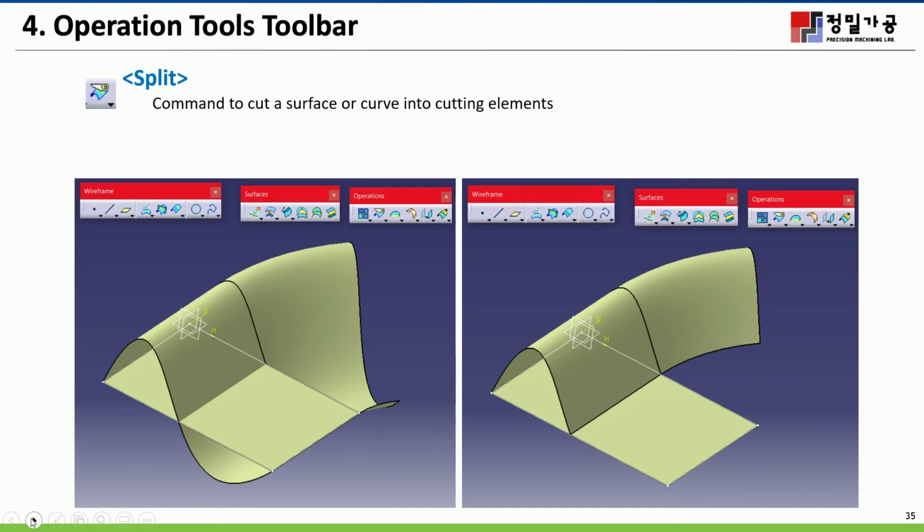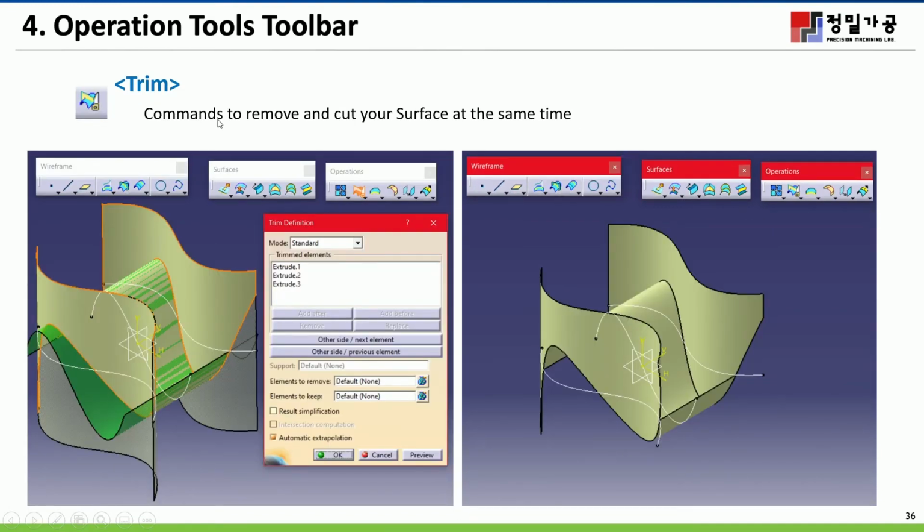Okay, and also there is the trim, similar to split. How do I do this? I have some kind of three surfaces in here. Extrude, extrude, extrude, like this.